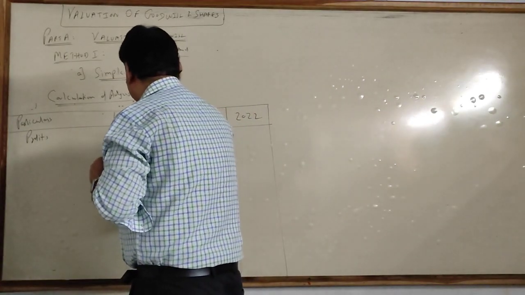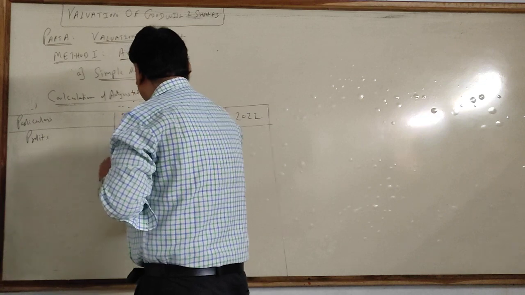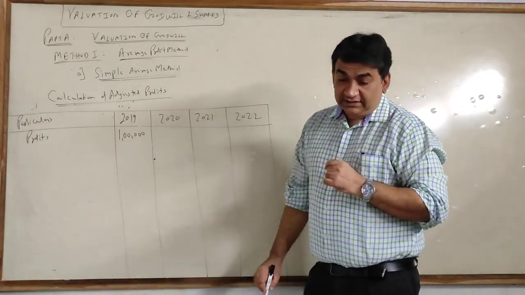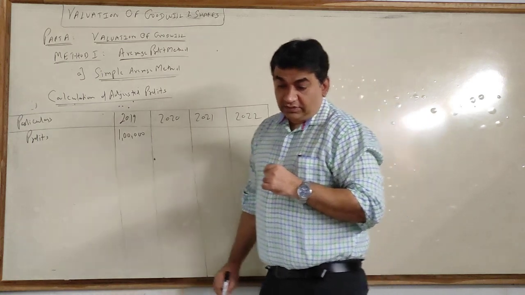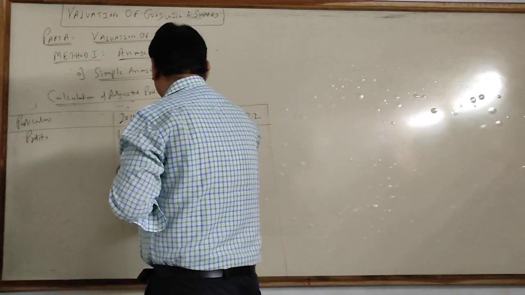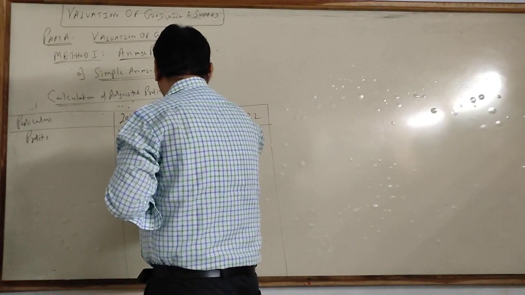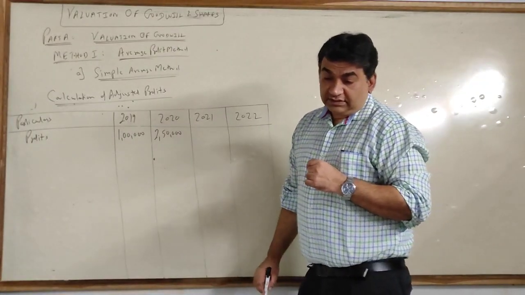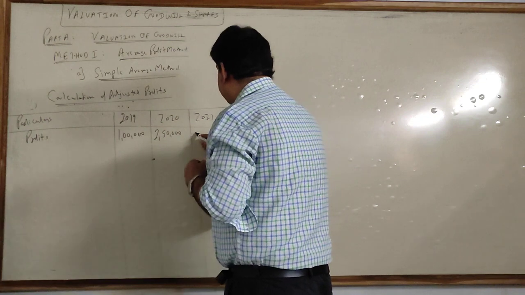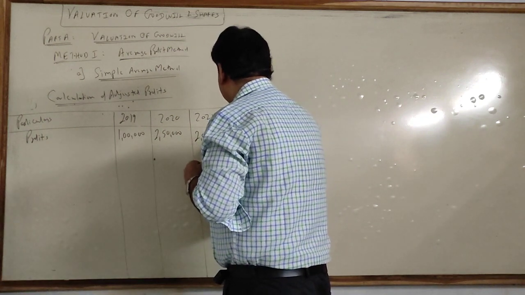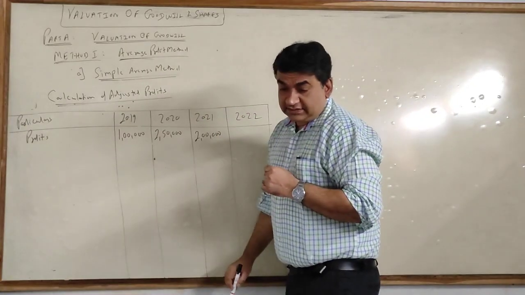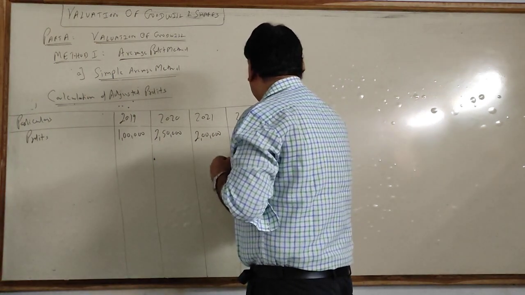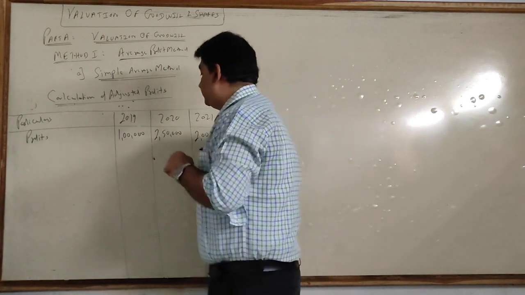2019, it was 1 lakh. Okay, then 20, 2,50,000. 21, 2 lakhs. 22, 1,50,000.